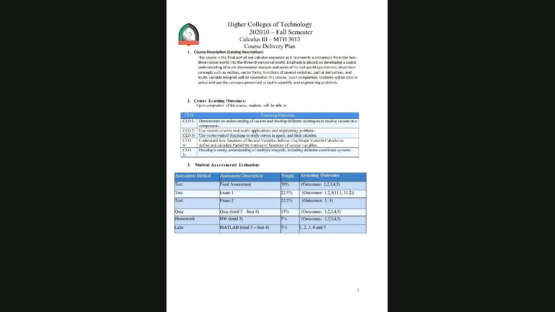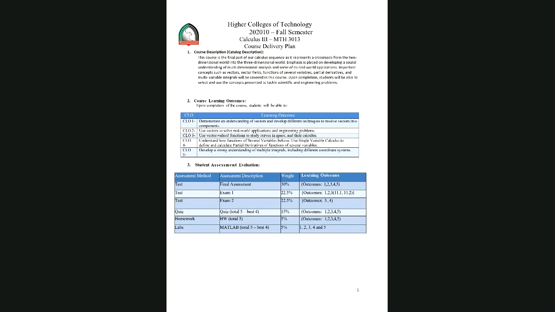Okay, about the grading, I think it's similar to what we did in Calculus 2. We have two tests. The final carries 30% of the grade. Test 1 and Test 2 carry 22.5% each.